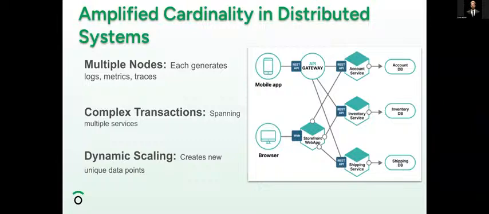When these systems scale up or down dynamically, they generate even more unique data points. And each new service instance or transaction introduces additional complexity. The ability to monitor, track, and understand the performance of such systems becomes much more difficult without a platform that can handle this data efficiently.